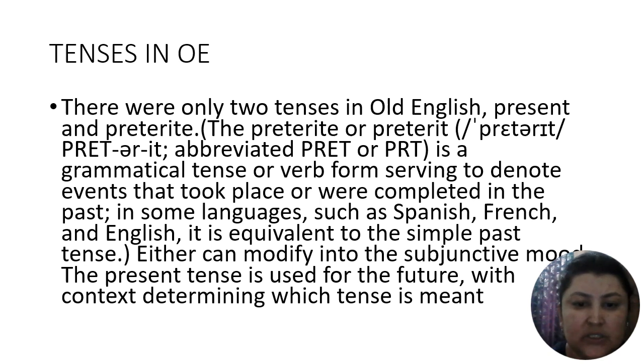In some languages, such as Spanish, French, and English, it is equivalent to the simple past tense. The present tense is used for the future, with context determining which tense is meant.